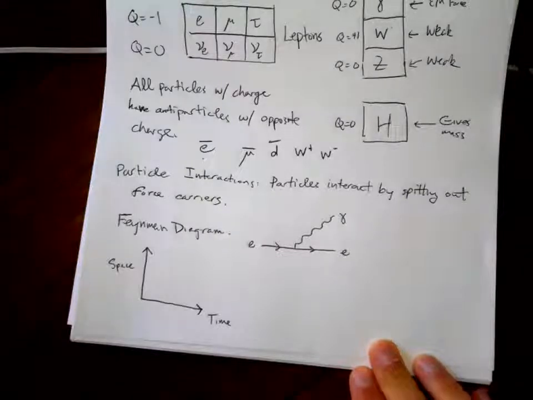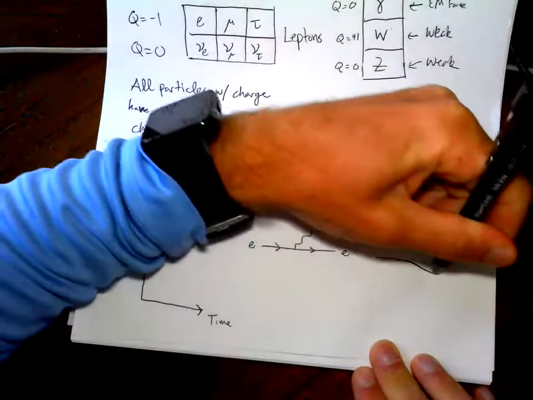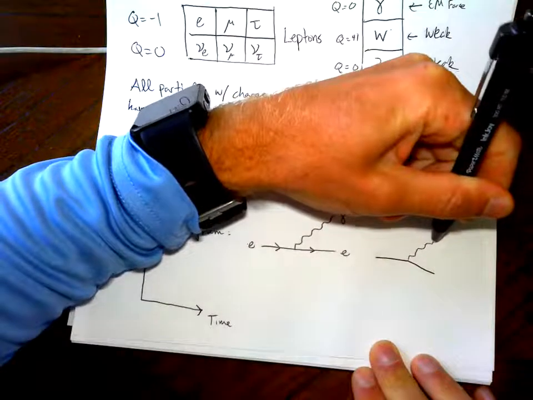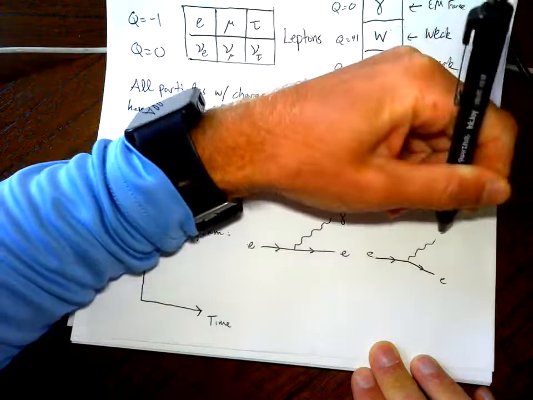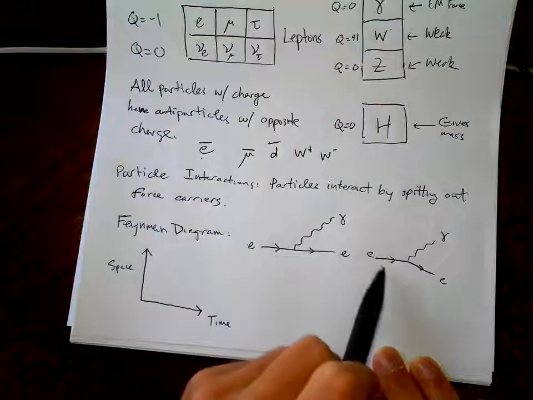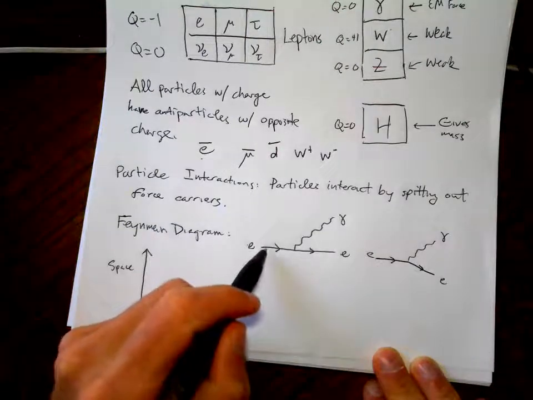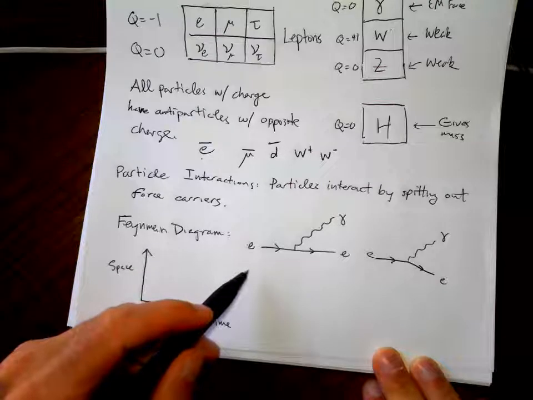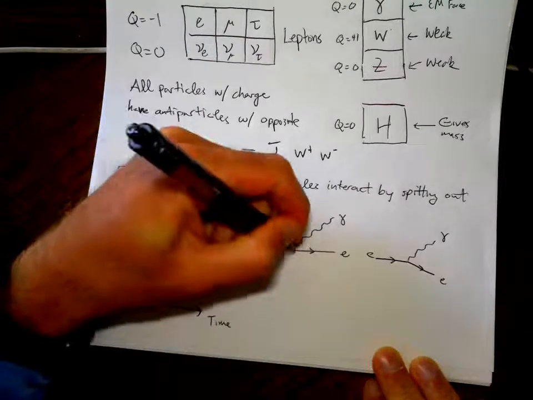The diagram is just a sort of schematic representation of the interaction. So if you wanted to draw it like this, that's perfectly fine. It doesn't really matter the details of how you draw it. As long as you have, basically all Feynman diagrams have one arrow going in. This right here is called a vertex, by the way.